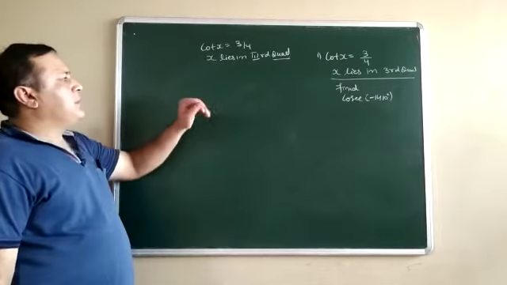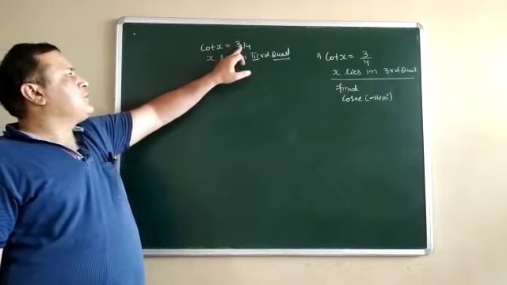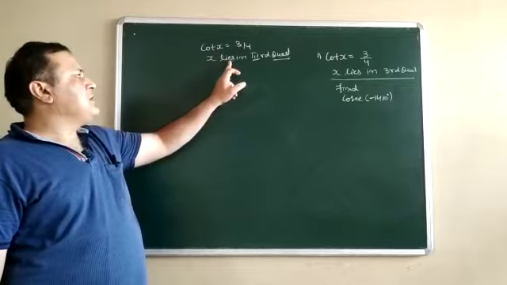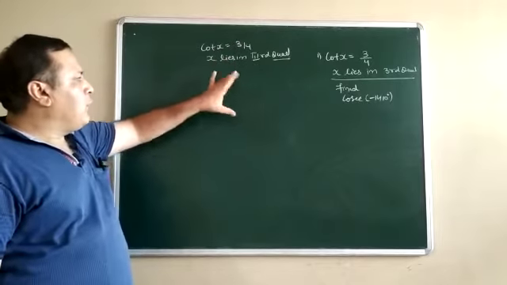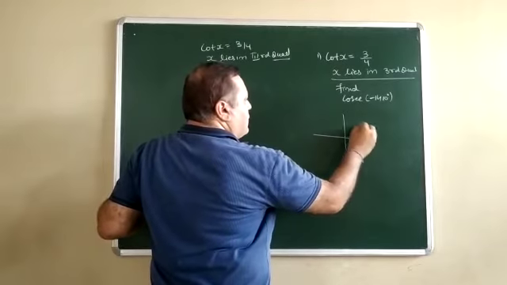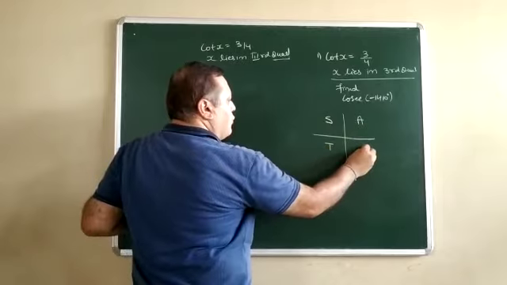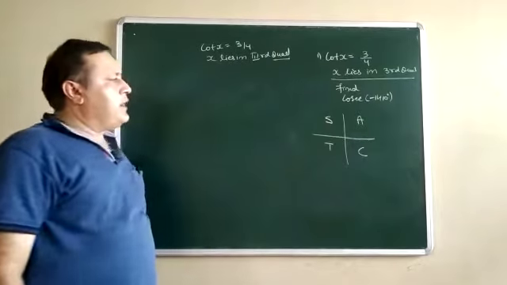Now see, we discuss the second concept. Cot x is equal to 3 by 4 and x lies in the third quadrant. You know very well, whenever we discuss quadrants, there is the rule A, S, T, C: all, sin, tan, cos, after school to college. So this is the way to solve.